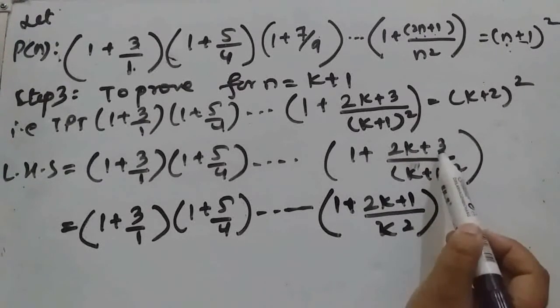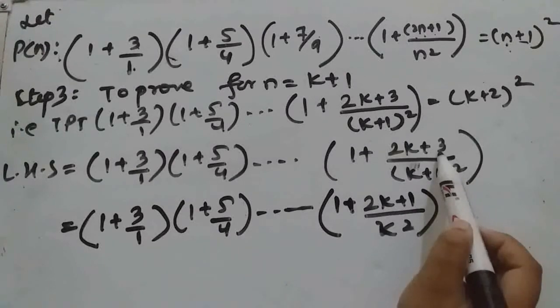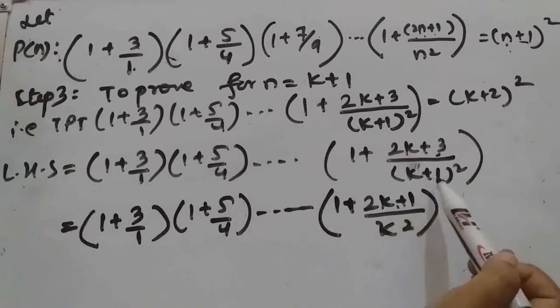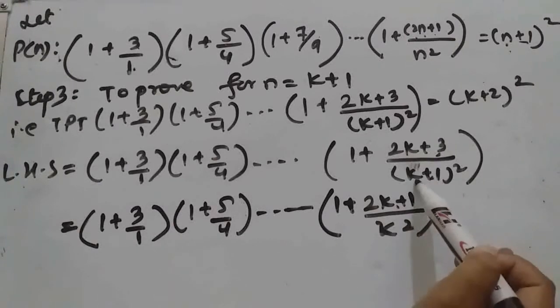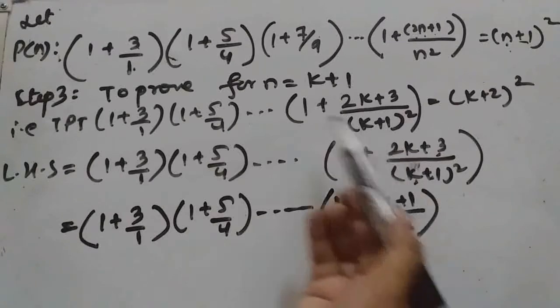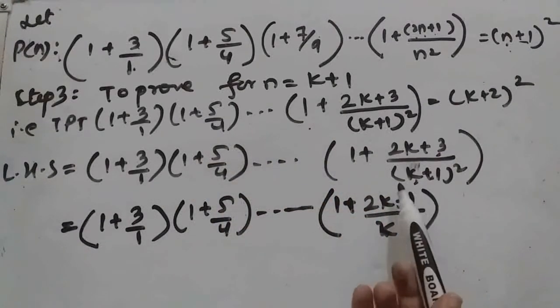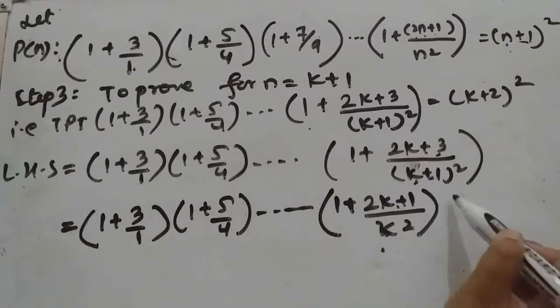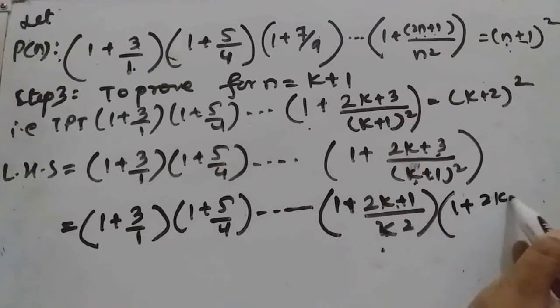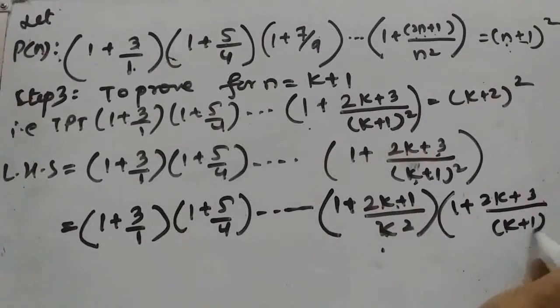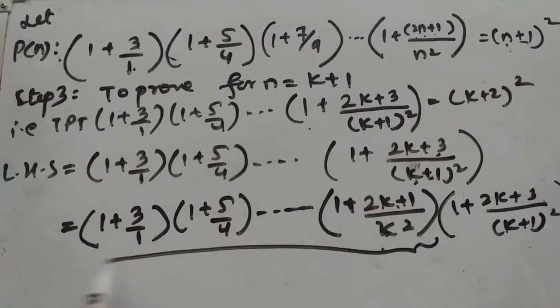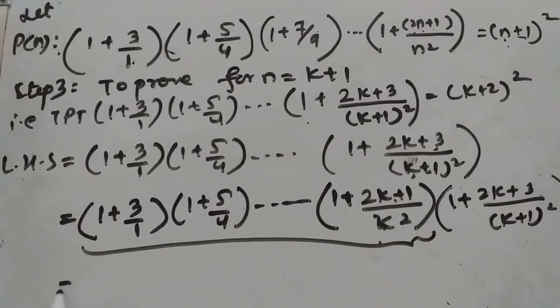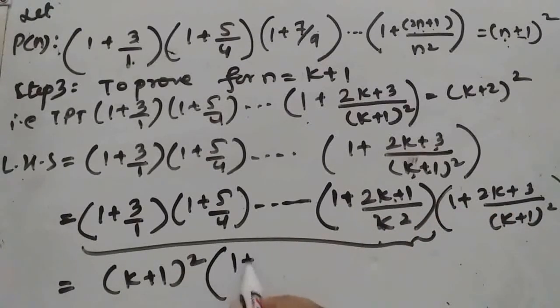If we subtract 2 from the numerator, we get 2k plus 1, and if we subtract 1 from the denominator base, we get k square. So whether you observe the pattern and write the previous term, or directly write the last term of equation 1, this last term we should copy. But what is the answer from the beginning up to here from equation 1? (k plus 1) square. This last term we should copy as it is.